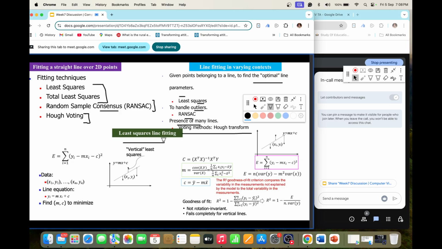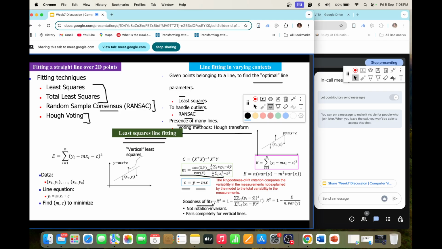So how do we do it? We are fitting a line, so our line equation will be y equals mx plus c. Now we have to find what m is and what c is. In least squares line fitting, m is given by this formula: covariance of xy divided by variance of x, and the c value is given by y bar minus m x bar.